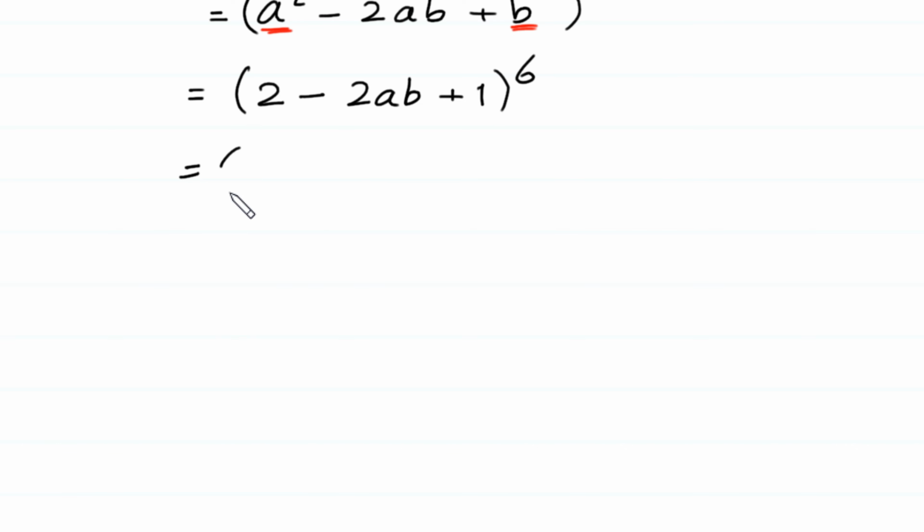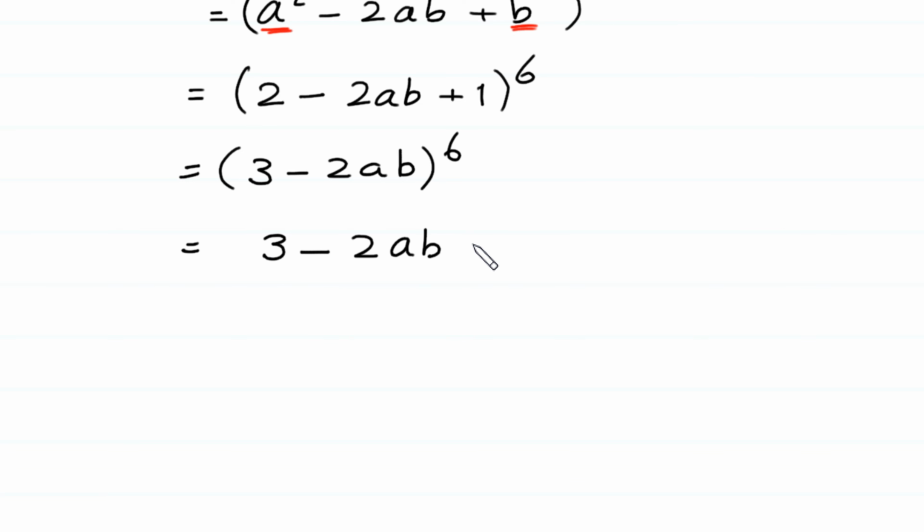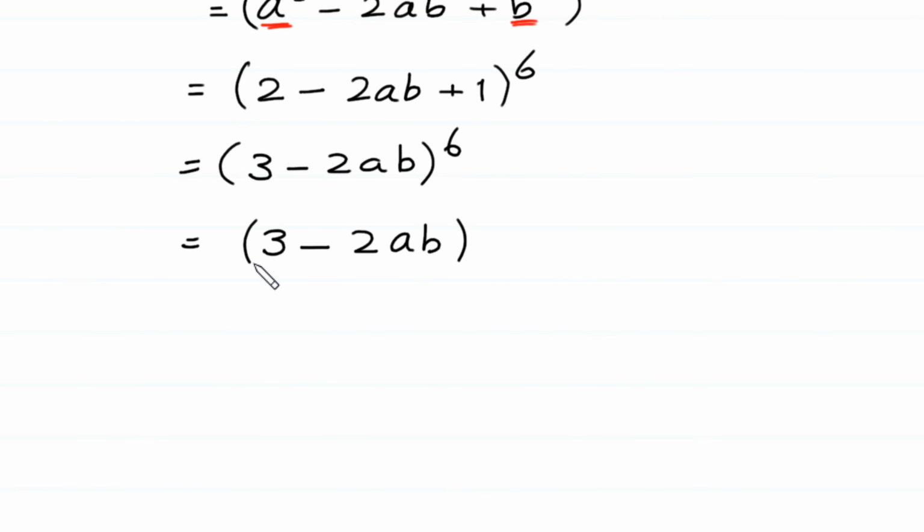Next, 2 plus 1, 3 minus 2ab whole to the power 6. Next, we can write this (3 minus 2ab) to the power 6 as ((3 minus 2ab) square) to the power 3.